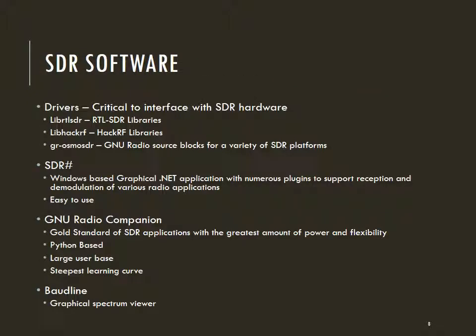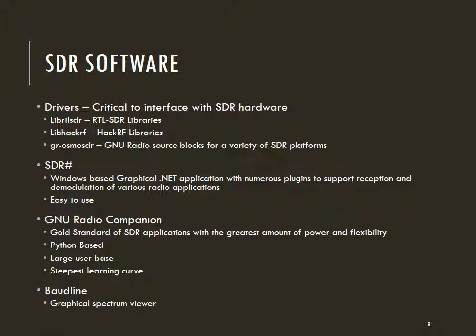The SDR software we used, of course, the drivers because we wanted not to watch TV but to do a couple of experiments. We also used SDR Sharp, which is made in C#, as you would guess. It's Windows-based and it has a number of plugins to support basically any application you can think of, including decoding iCars data, GSM, ADS-B, broadcasting over TCP/IP, just whatever you can think of, and also the GNU Radio Companion.